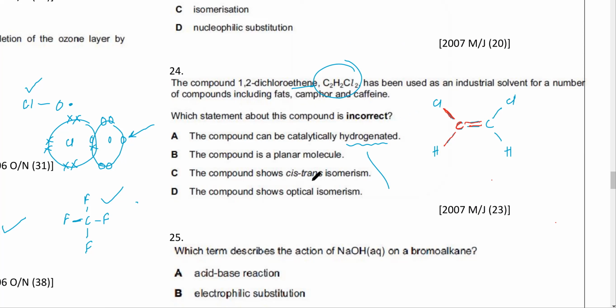Cis trans isomerism show करेंगे क्योंकि there's going to be another version of the molecule जिसमें bonding exactly same होगी. This carbon will have Cl and H. The other carbon would also have Cl and H, except that the Cl would be pointing downwards. Optical isomerism नहीं है. Optical isomerism होता था जब you have a carbon and it's bonded to 4 different groups.